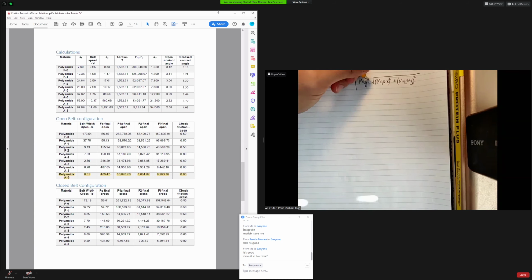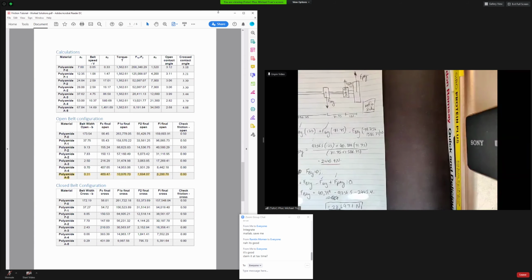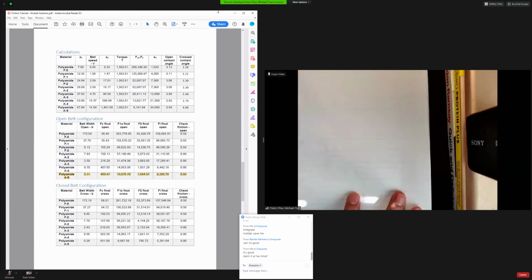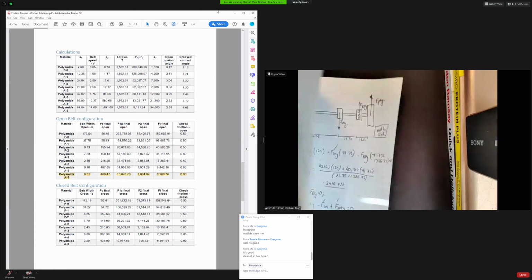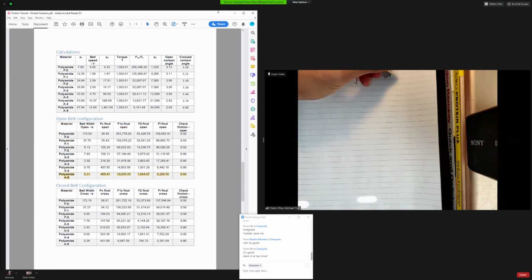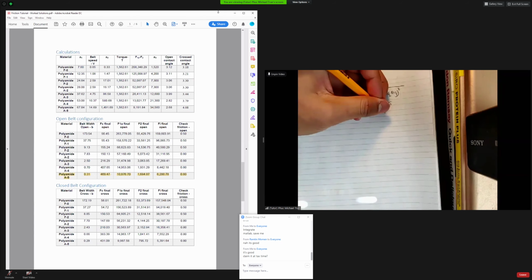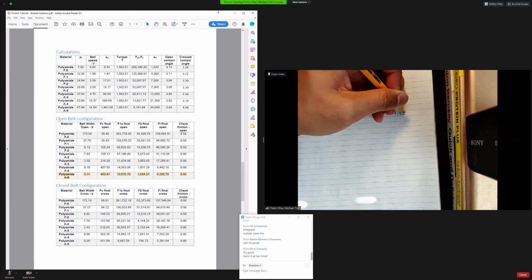So you root the sum of squares. And the first one we calculated was 6215 plus 3880. And your answer is going to be around 7324.4.